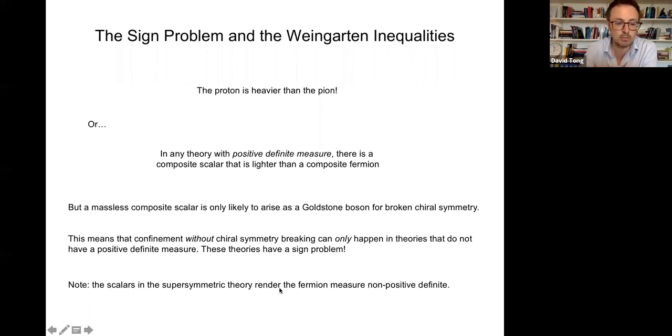But by the way, it's worth pointing out, because I didn't really know any of this stuff a few months ago, that in the supersymmetric theory, it's just the existence of Yukawa couplings between scalars and fermions that gives you a sign problem. So the Dirac operator is D-slash plus m, and it's positive definite only if m is positive definite.